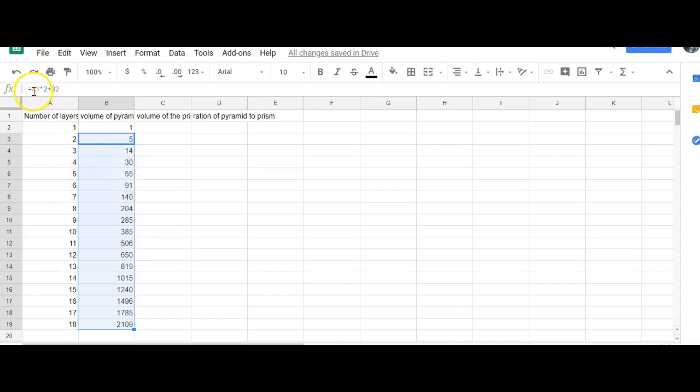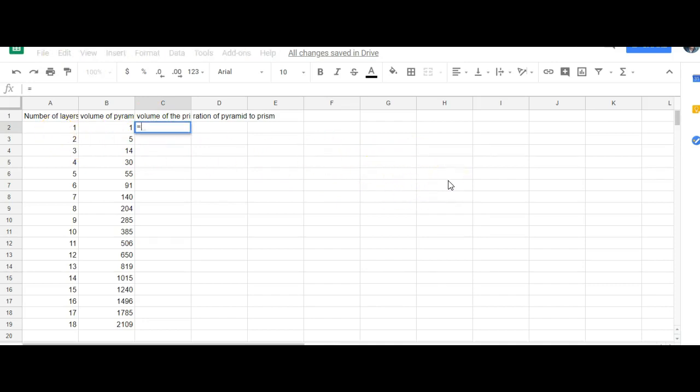So you see how I wrote that? I take the number on the left, the layer that we're on, square it, and add it to the previous, right? So the volume of the prism is now equal to this squared times the height, right? So it's actually cubed.